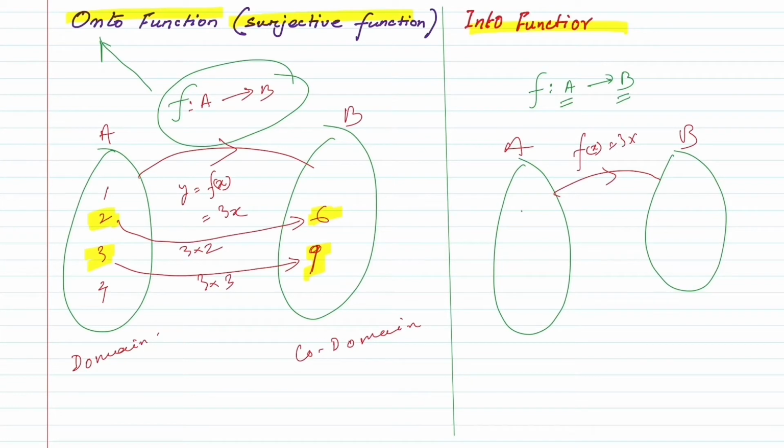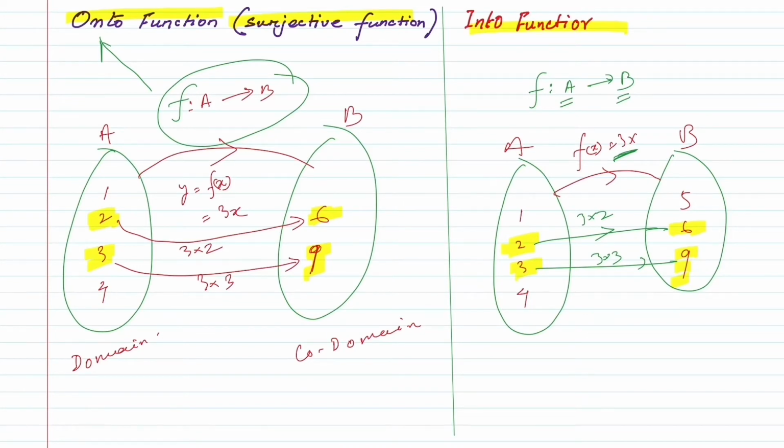So A contains 1, 2, 3, 4, but B contains 5, 6, 9. Then according to this function, f of x is equal to thrice x, so 3 2s are 6, then 3 3s are 9. So here you see these two elements are the images of 2 and 3 in the domain.